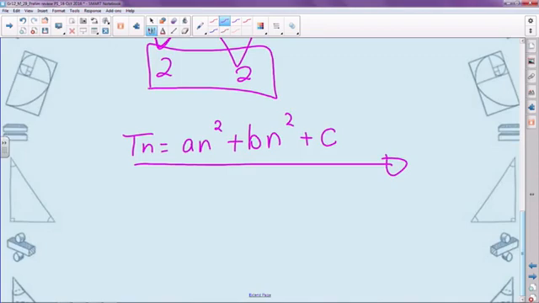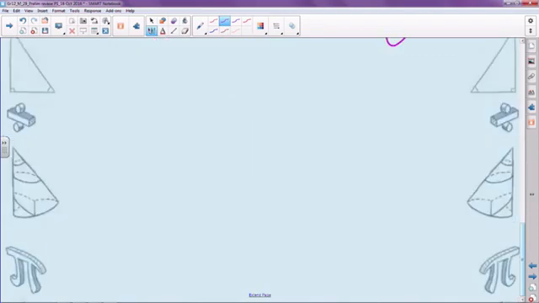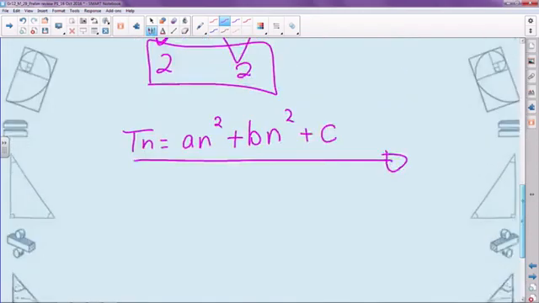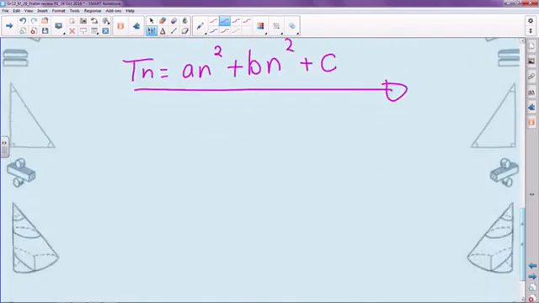All right, so let's go through and follow through with this question and find out the values of a, b, and c. Remember, in a quadratic sequence, 2 times a will give you the value of your constant second difference, which is 2 in this case. Therefore, we get that a is equal to 1.